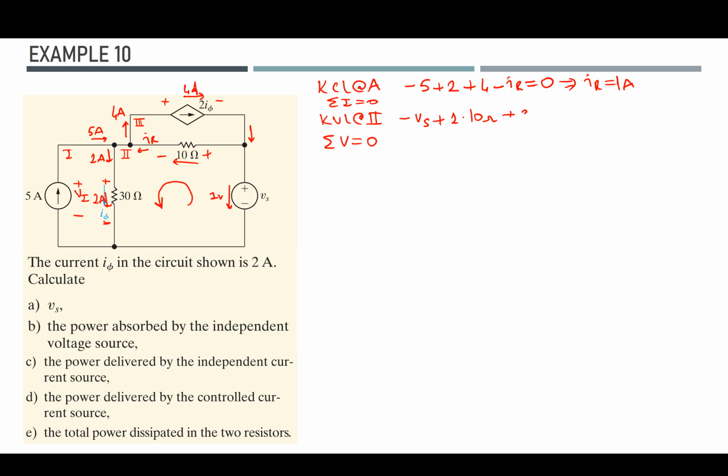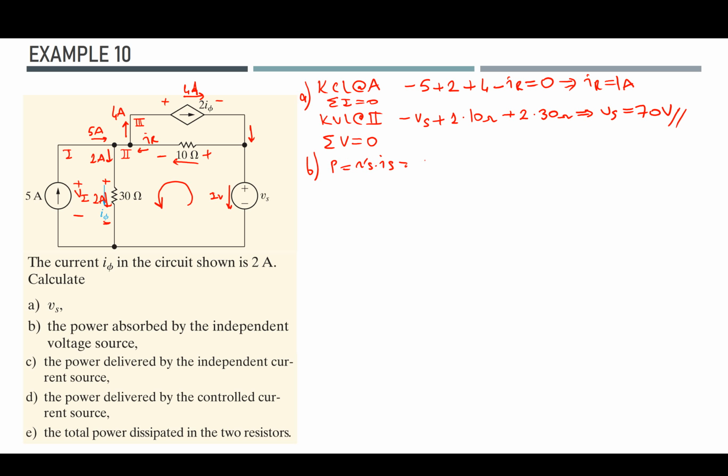The current for that resistor is 2 amps, so 2 times 30 ohms gives Vs as 70 volts. So I have calculated the value of Vs. This is for part A. Now in part B, the power absorbed by the independent voltage source is easy. The power is always defined as Vs times Is.